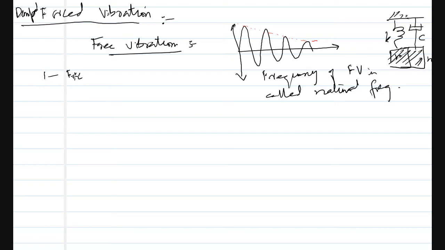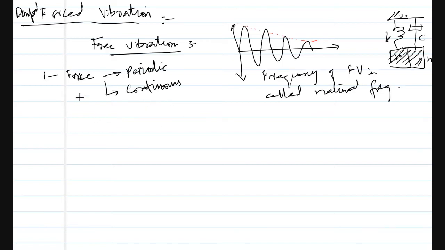The force which is coming from an external source must be periodic, which means it must be repeated or sinusoidal, and it must be continuous. There are two conditions of this force: it must be periodic and it must be continuous.